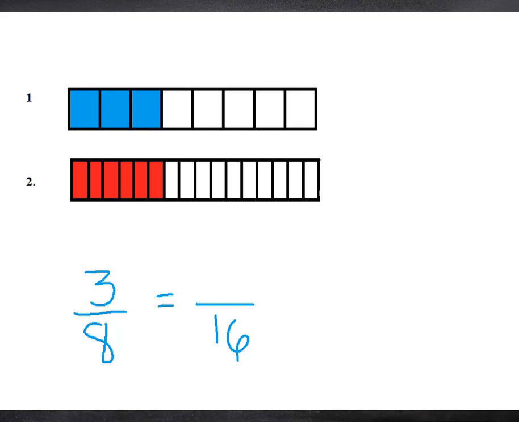If both pictures have the same amount but a different fraction, what is the equivalent fraction of 3/8? In this case we need to count 1, 2, 3, 4, 5, 6. Let's write it. 6/16 is the same as 3/8. That's an equivalent fraction. You only need to count how many are shaded to find the missing number, the missing part in the next fraction.